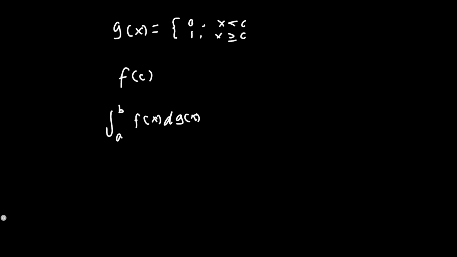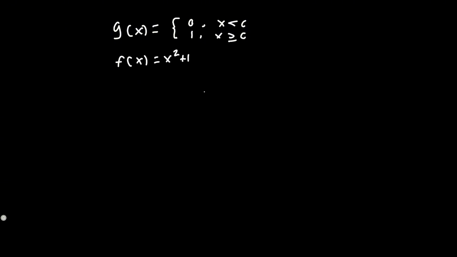So let's look at a straightforward example where we define our function f of x. First of all, we want f of x to be equal to x squared plus 1, and here we want the value of c to be 2.